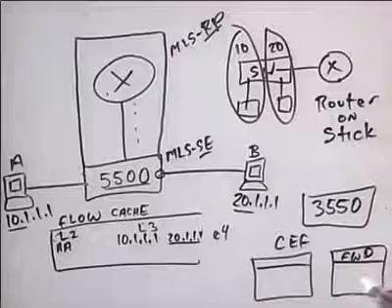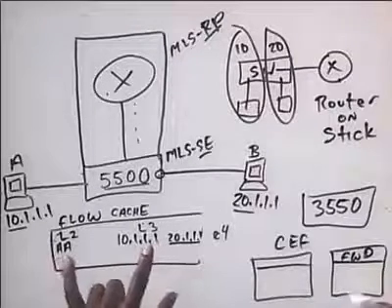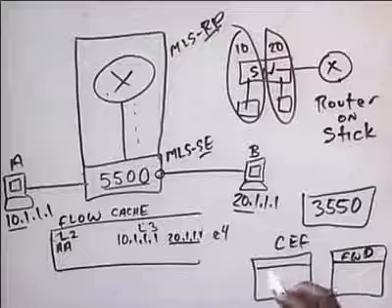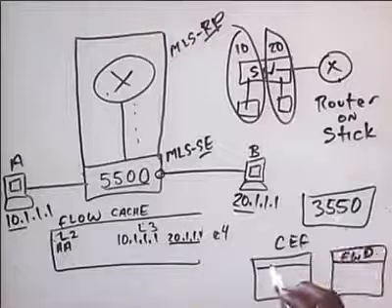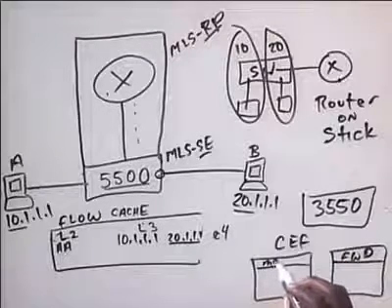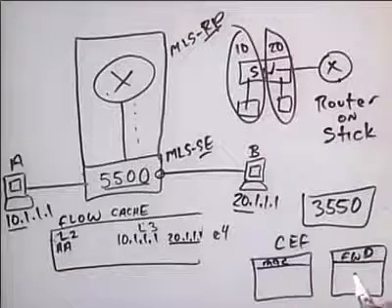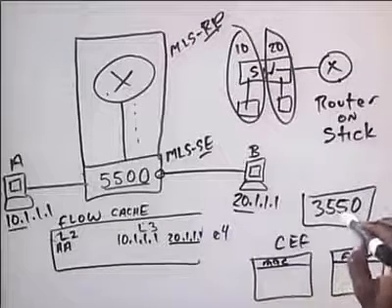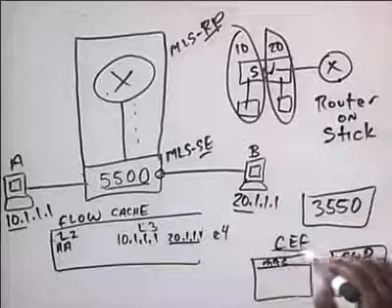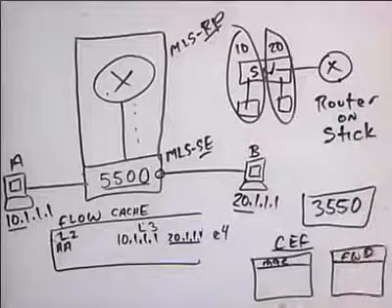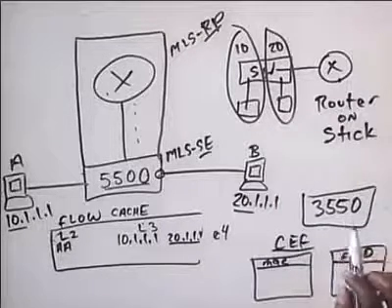The forwarding table is sort of like this routing table or a flow cache. And the other table here, the MAC address table, still contains the MAC addresses. That way, all of this is being done with one process and one processor in the 3550, thus speeding the process along.